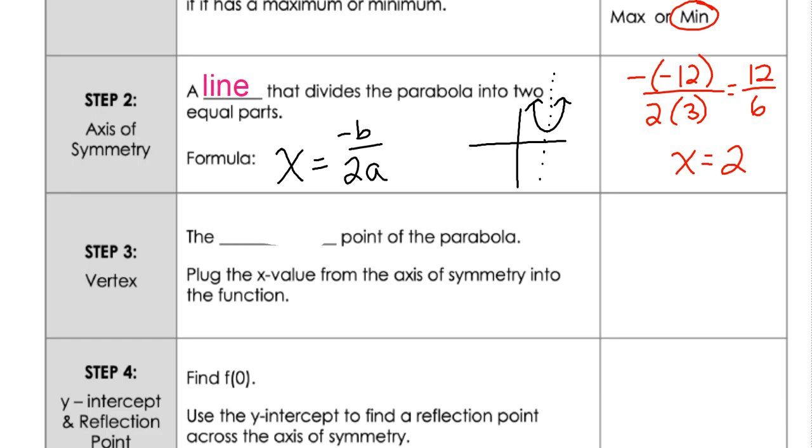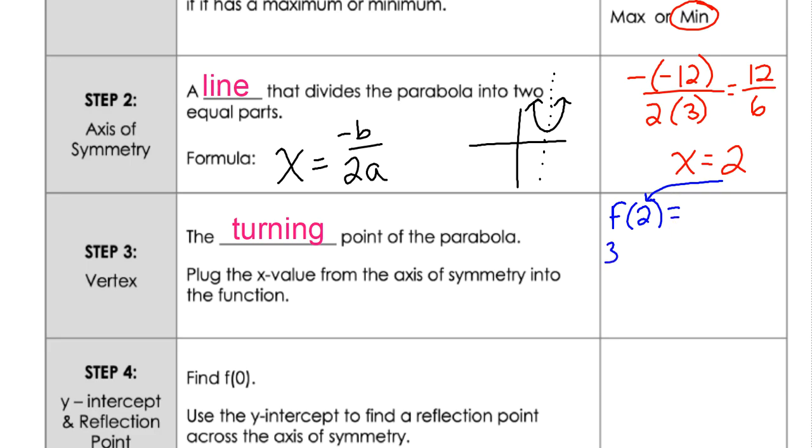Okay, step 3 is to find the vertex, which is that maximum or minimum point. So it is the turning point of the parabola. In order to find that, we plug the x value from that axis of symmetry up above into our function. Here's what that looks like. We're going to take that x value and plug it in. So we're going to say f of 2. And again, that 2 is coming from that axis of symmetry.